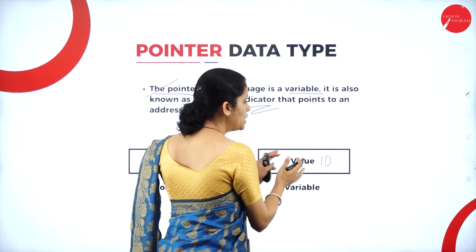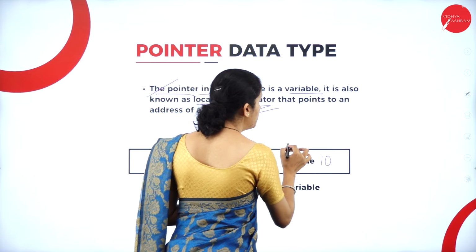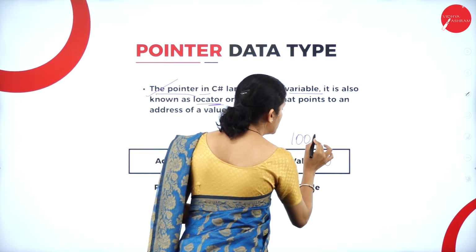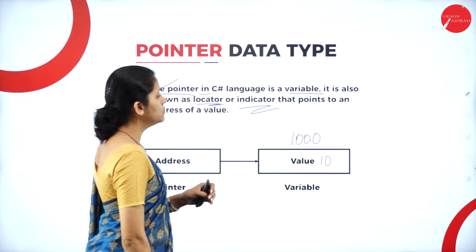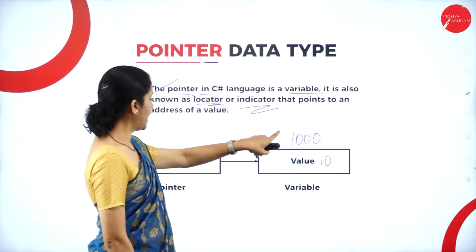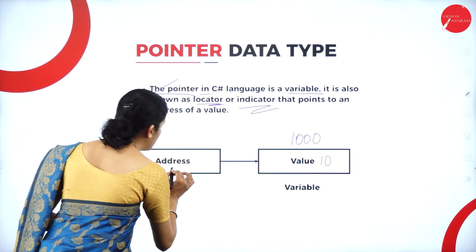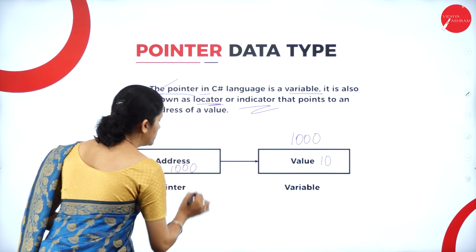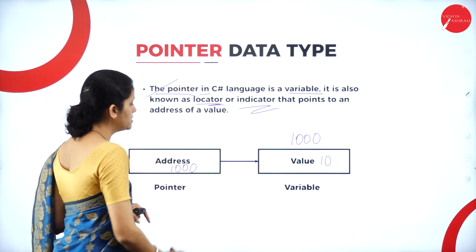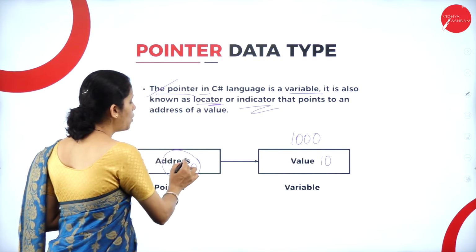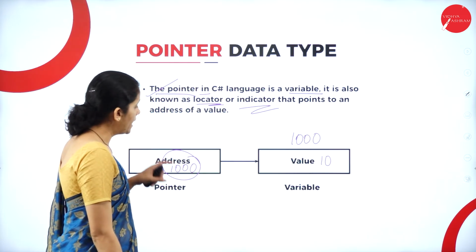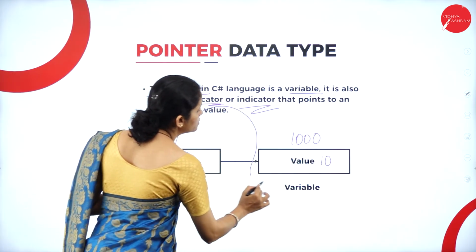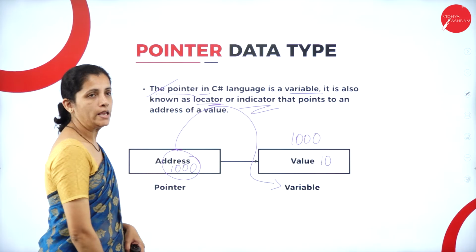Now, this value is stored at the memory location 1000. Now, this memory location address is stored in my pointer. So, for this reason, a pointer is called a variable and it holds the address of another variable.